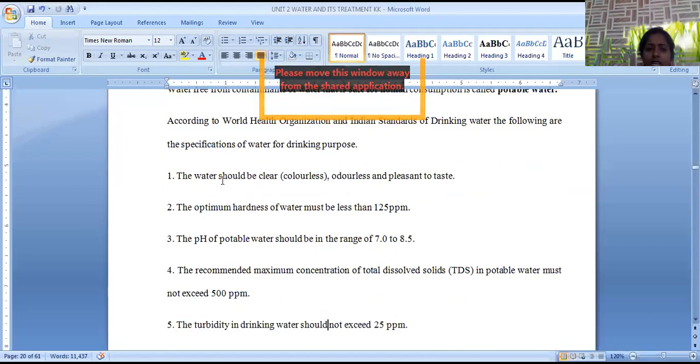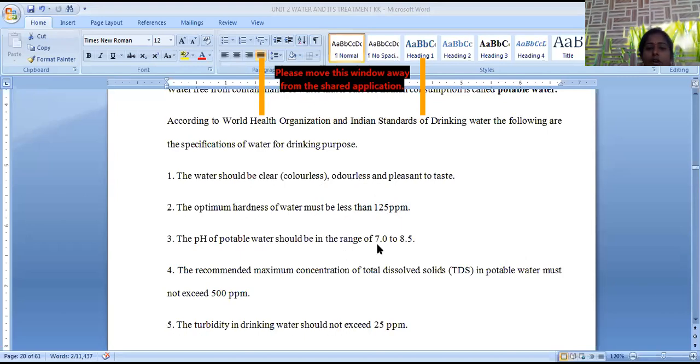According to these two organizations, water should be clear, odorless, and pleasant to taste. So no color and no smell should be present, and it should be pleasant to taste. Hardness should not exceed 125 ppm according to WHO and the Indian Standards of Drinking Water.